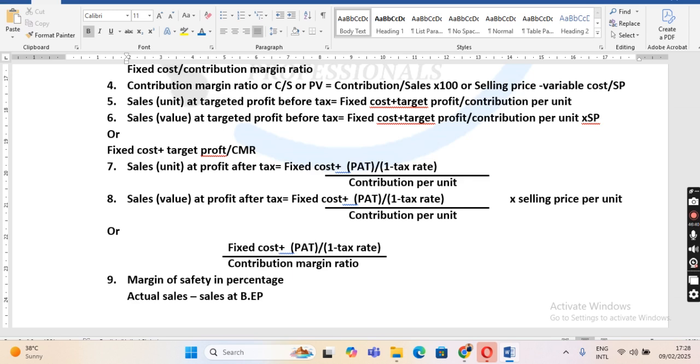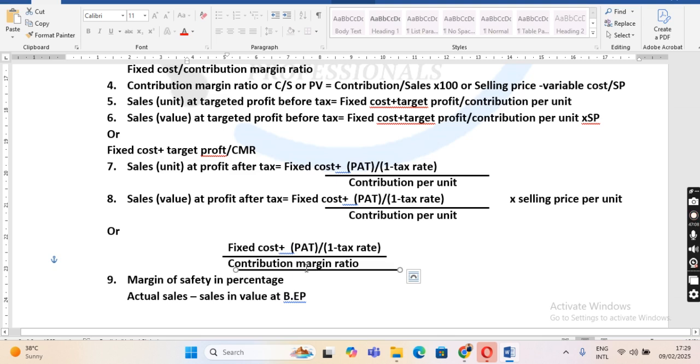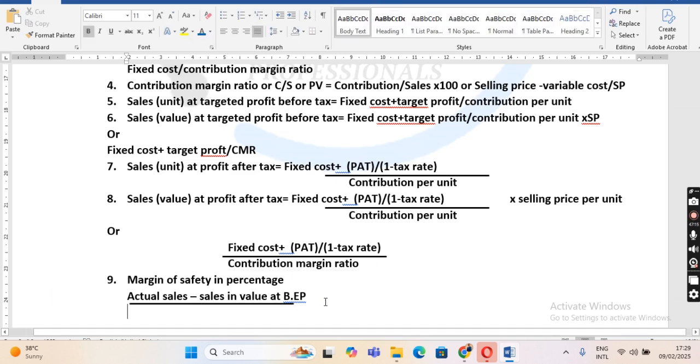The actual sales minus the sales in value at BEP, divided by the actual sales. When you divide it by actual sales, then you have your margin of safety in percentage.